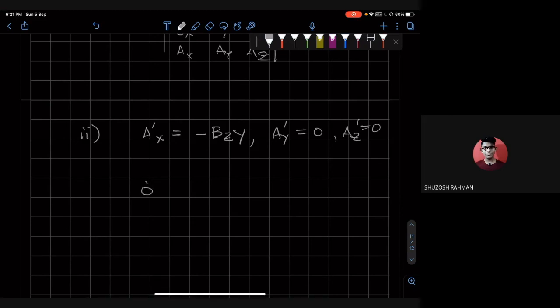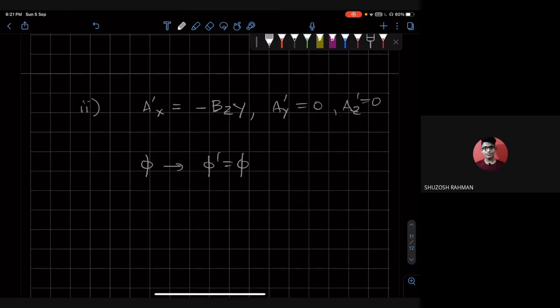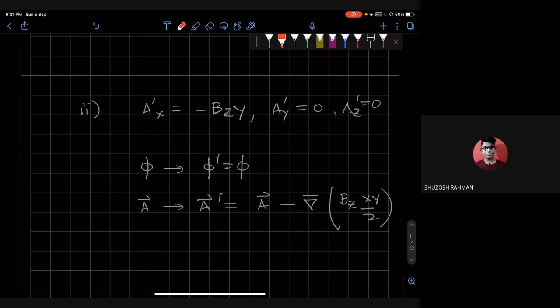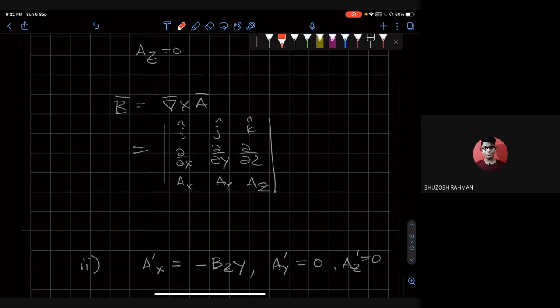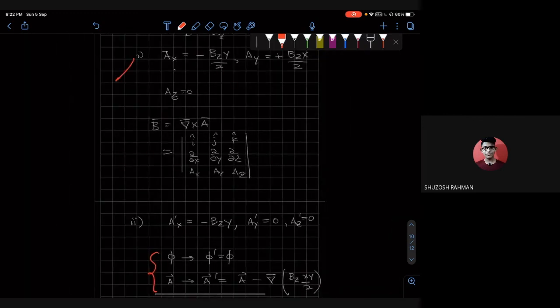Well, phi is related to phi prime. So here, phi and phi prime are the same. But on the other hand, A is related to A prime by, if you take A and subtract from it the gradient of some scalar function. That scalar function happens to be Bz x y divided by 2. Then you can show that this gauge transformation relates these two gauge choices.